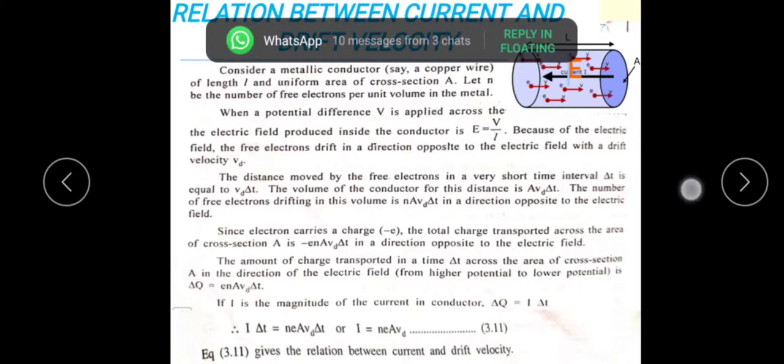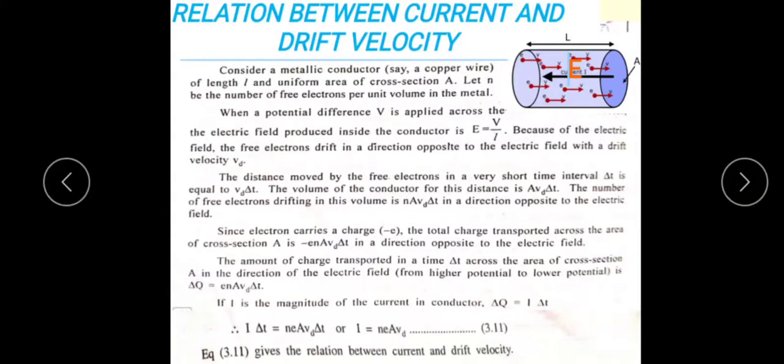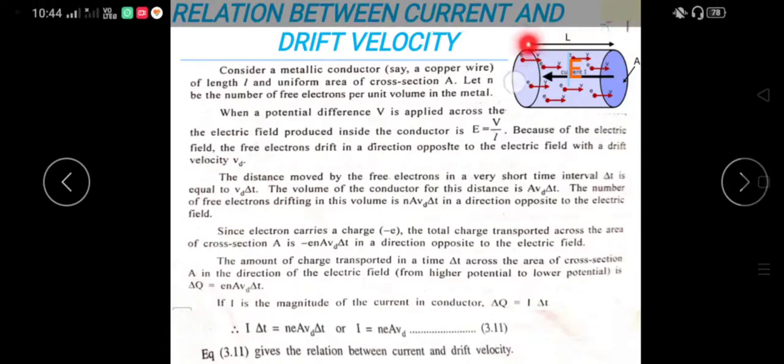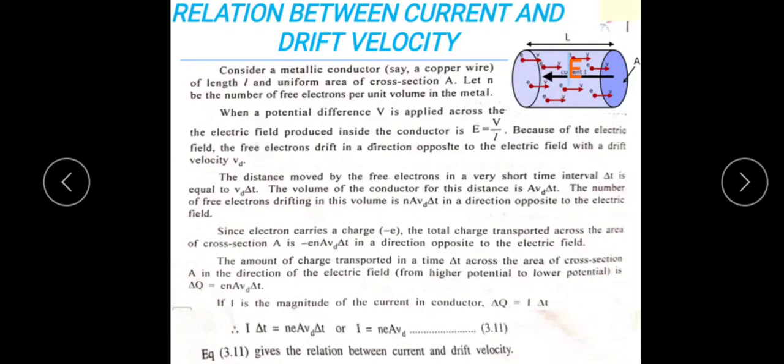Within the metal, per unit volume there are n free electrons available. When the potential difference V is applied across the conductor, across the ends of the conductor, then an electric field E is produced inside the conductor.